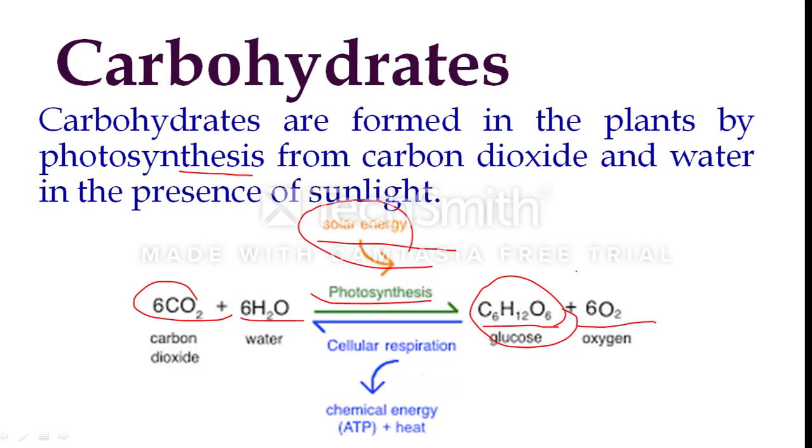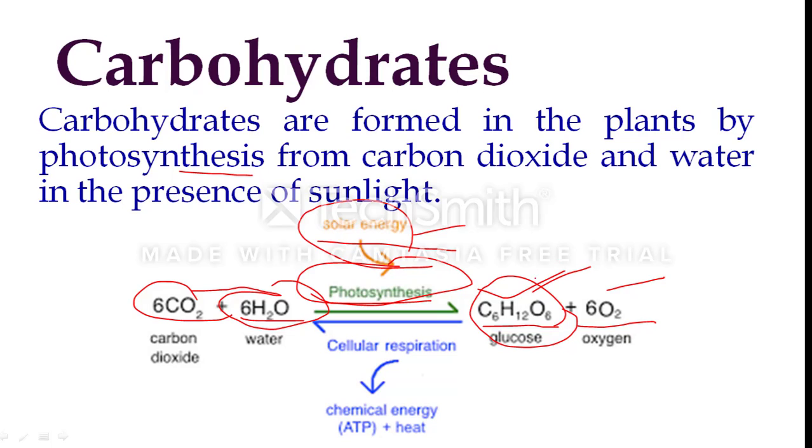So photosynthesis converts atmospheric carbon dioxide and water into glucose and releases oxygen. This process takes place in the chlorophyll pigment of the leaf, and here radiation energy is converted into chemical energy.